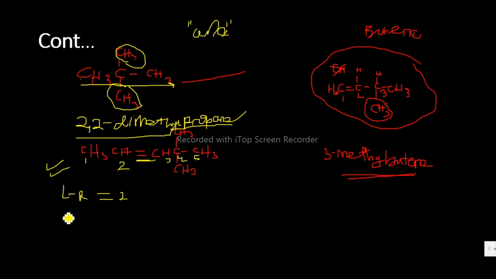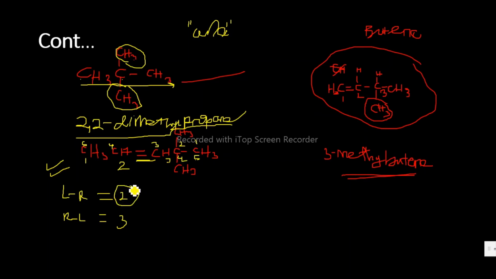But if we count from right to left, this is 1, this is 2, this is 3, this is 4, and then this is 5. So if I count from right to left, the double bond is on carbon number 3. Therefore, we shall take left to right.